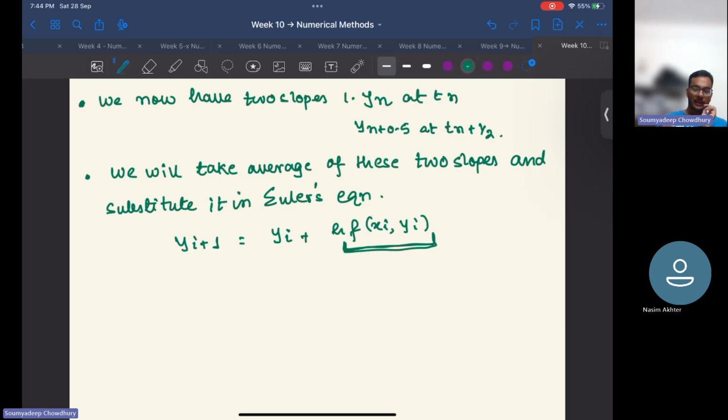Rather, we are taking the slope at two points, one at xi, yi and the other at xi plus half, yi plus half. Then we average those two slopes and substitute it in the slope function in Euler's equation, and that gives me the RK2 method.